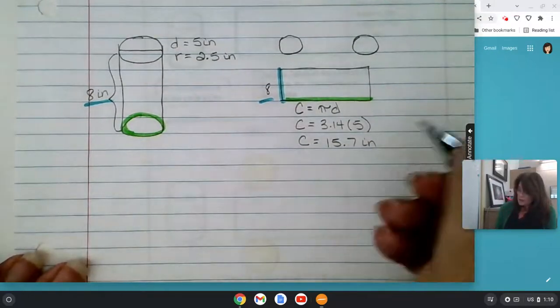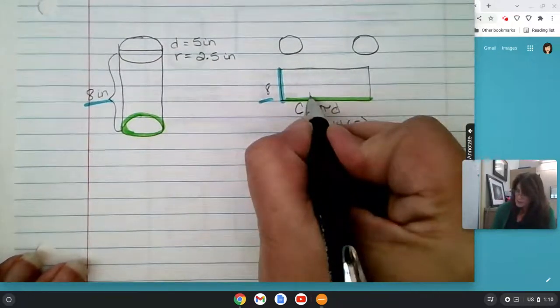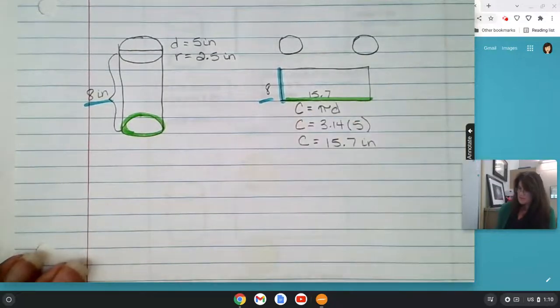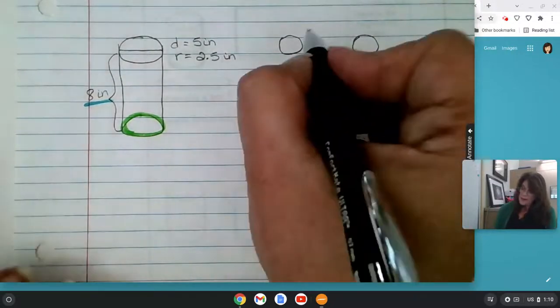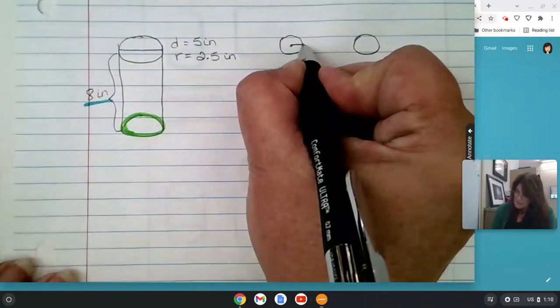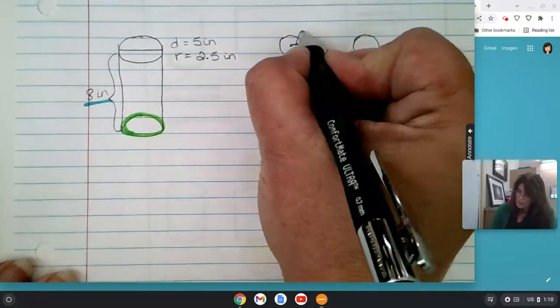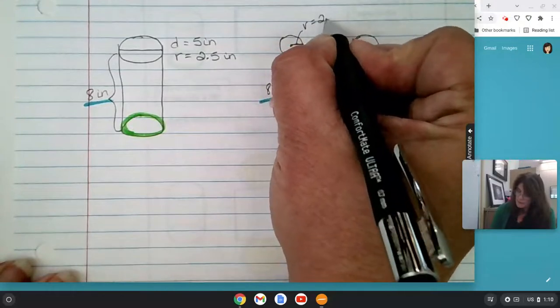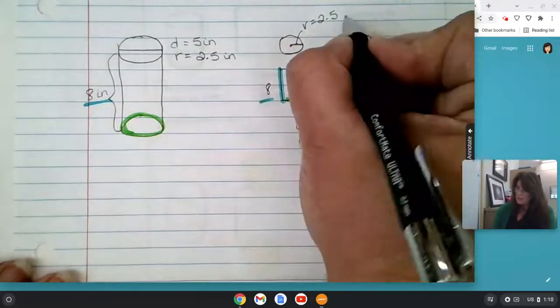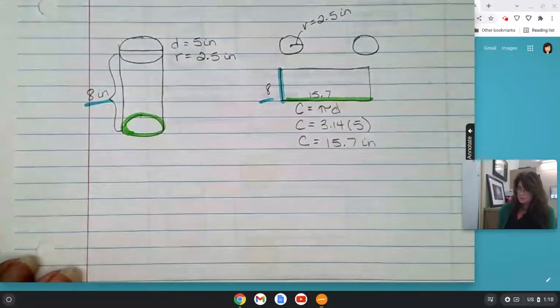So you now have a rectangle that's 8 by 15.7, and you have bases that have a radius of 2.5 inches.